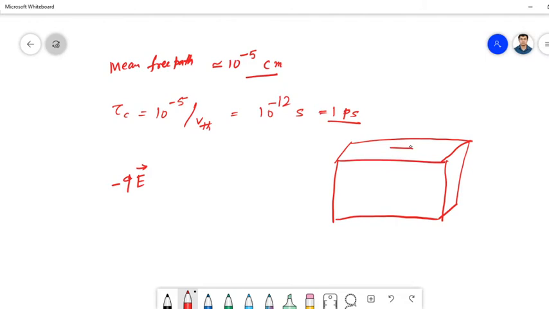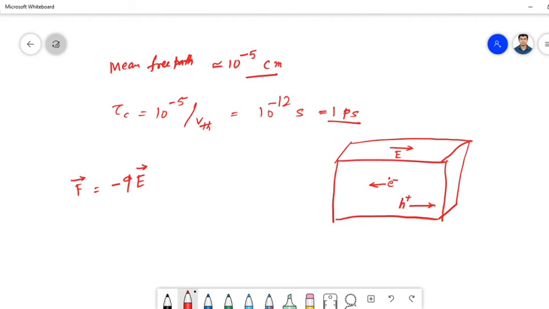Now we are applying an electric field in this direction. What will happen to the electrons? We have negatively charged electrons, and we also have the holes. The electron will experience a force opposite to the electric field, and the holes will experience a Coulombic force along the electric field direction, right? So for an electron, this is the force it experiences, minus q into E.